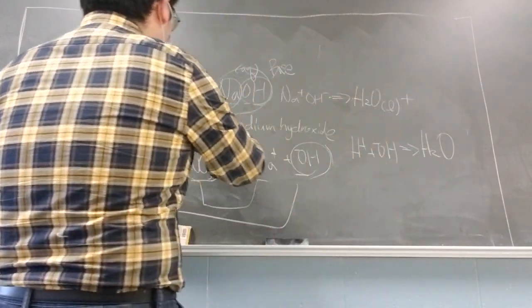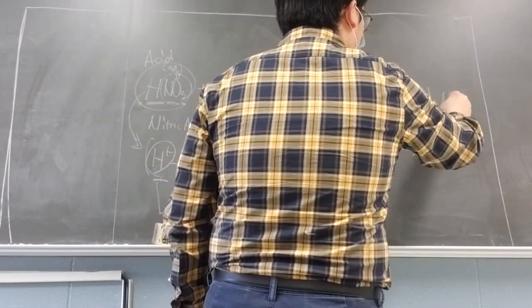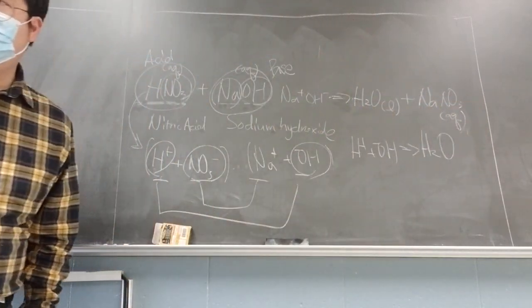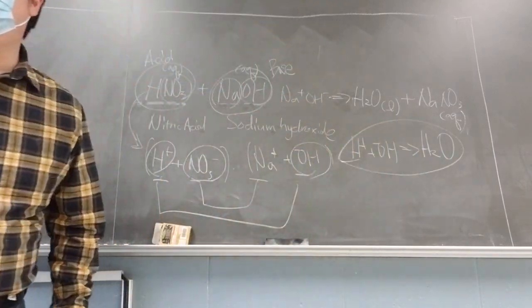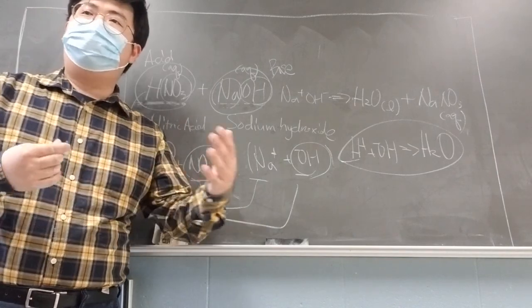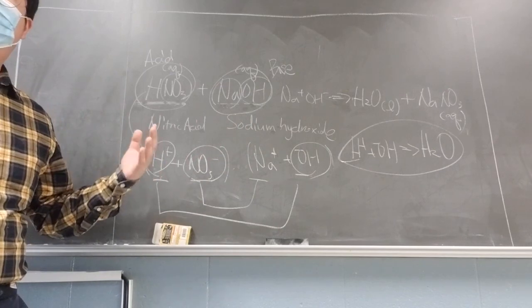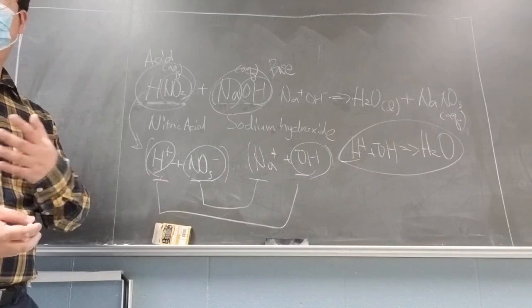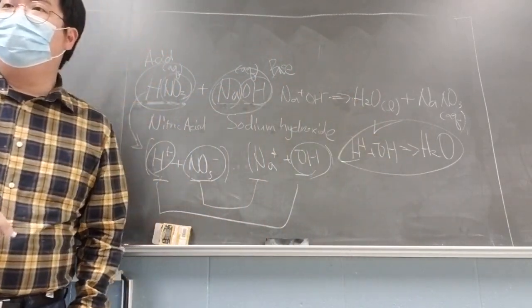That's why on the product side they become water. And then you're going to have what? Sodium nitrate, which will also be what? Soluble in water. Okay, so what actually happened was this. This is your net ion equation. Whenever you see this type of acid-base neutralization process, you don't necessarily see any signs of precipitation, nothing comes up from the mixture, but you still need to think about what may happen, which is water formation, right?